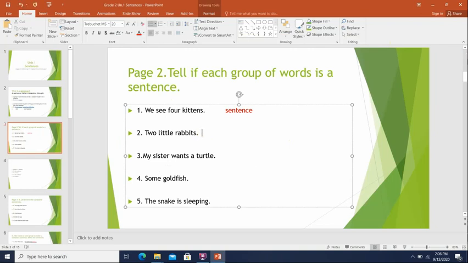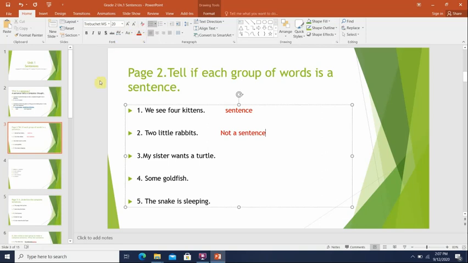It mentioned that this is about 2 little rabbits, but did it say what happened? No. So 2 little rabbits is not a sentence. With the red here, not a sentence.